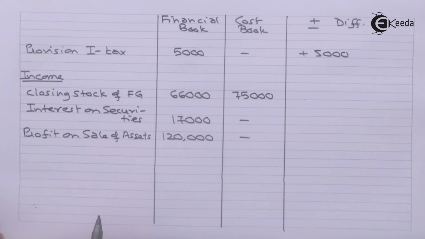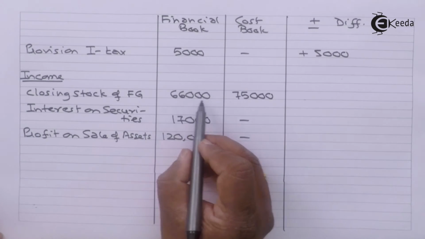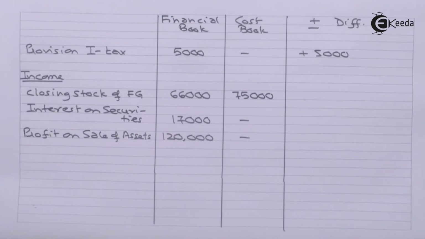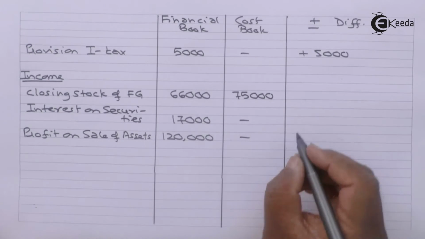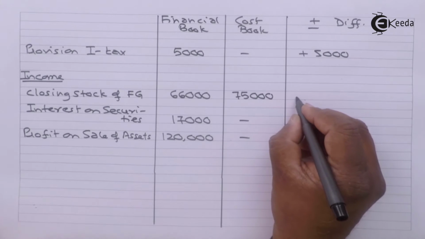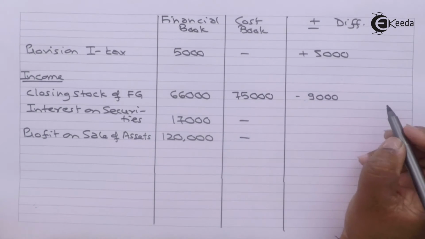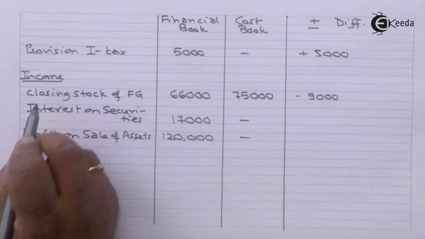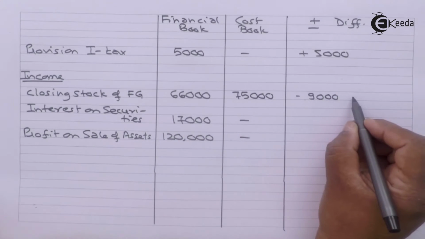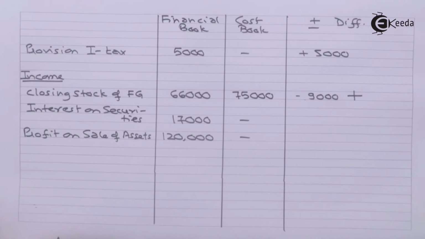Closing stock of finished goods. It is 66,000 and 75,000. 66,000 minus 75,000, so we get answer minus 9,000. But in case of income, we have to reverse the sign. So instead of minus, we'll take here plus 9,000.